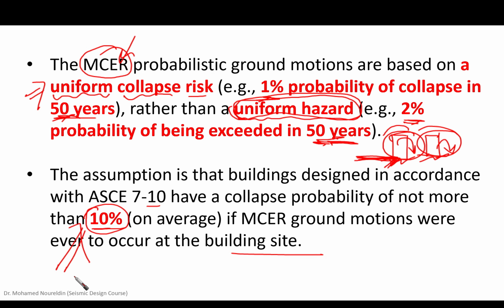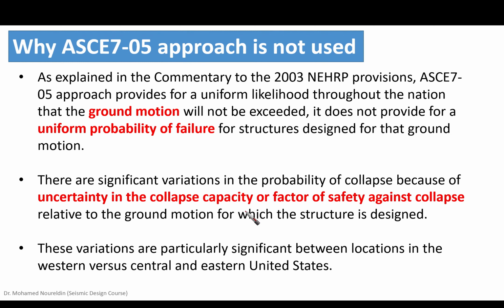On average. Okay, let's explain this approach, why we abandoned the ASCE 7-05 uniform probability of hazard. As explained in the commentary, you are going to find this in the commentary of the NEHRP 2003 provisions. The topic is very detailed and very nice for anyone to read. The ASCE 7-05 approach provides a uniform likelihood throughout the nation that ground motion will not be exceeded.